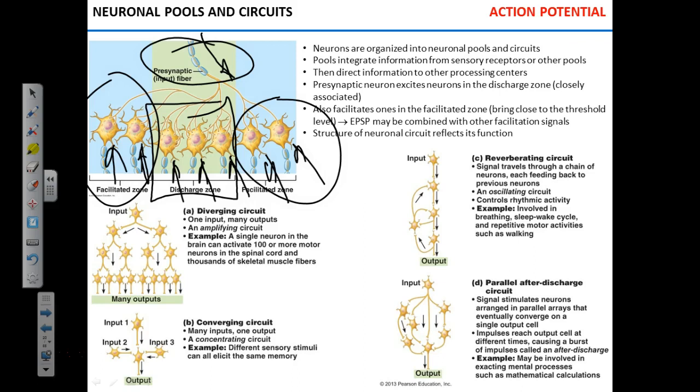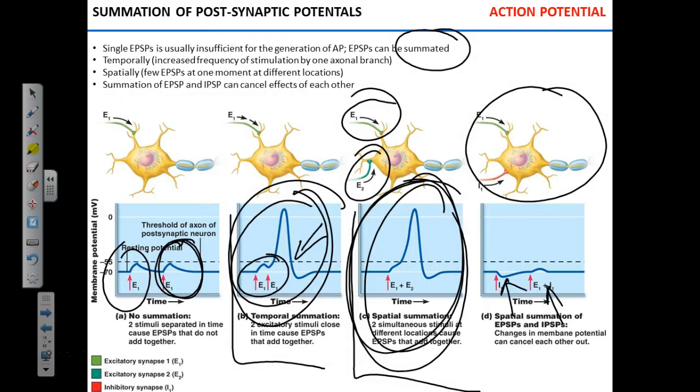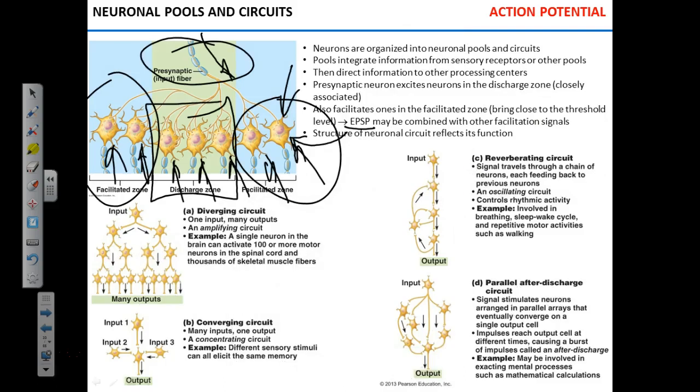What's going to happen instead is that excitatory postsynaptic potentials produced in the neurons in the facilitated zone will bring them closer to the threshold. And if they are closer to the threshold, summation can occur. Does that make sense? That's why it is called facilitated.